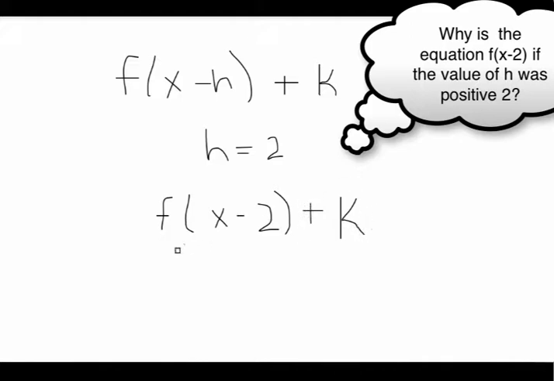Now if we look at what I underlined right here, let's go back to my original question: why is it negative in the equation? When we substituted this 2 into my equation, it is negative because the equation already has a minus in it. So when I substitute a positive value in the equation, the subtraction sign, the negative, remains.